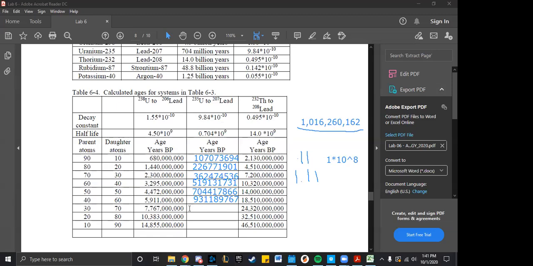I just worked out the next one, plus 1. What'd you get? I got 101626 0163. And you did 70 divided by 30 plus 1, the natural log, times this big number?